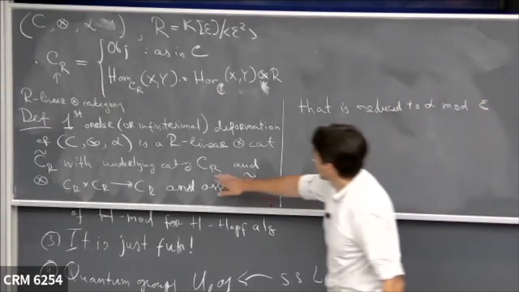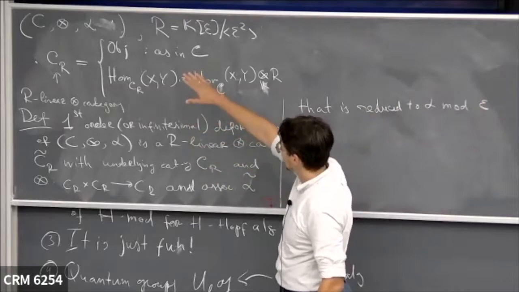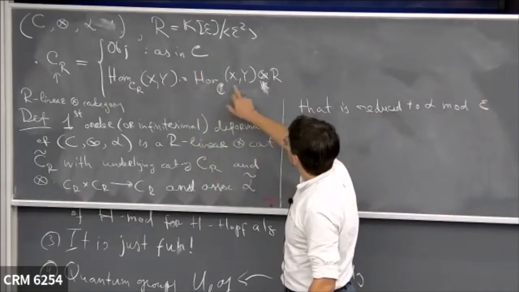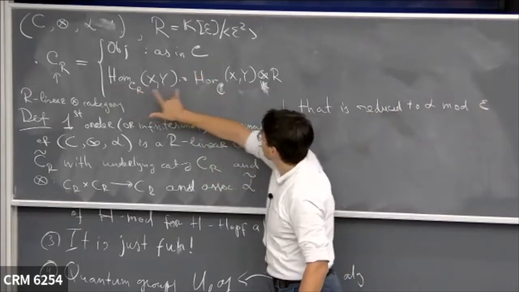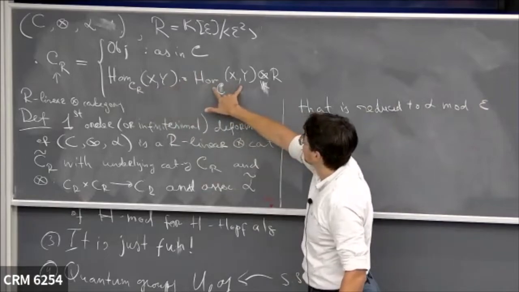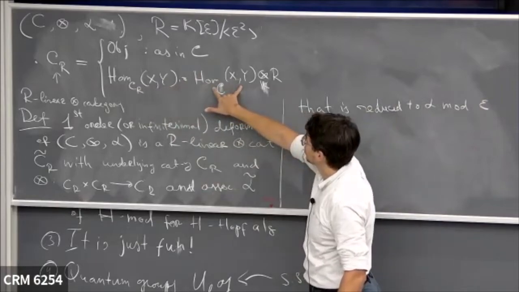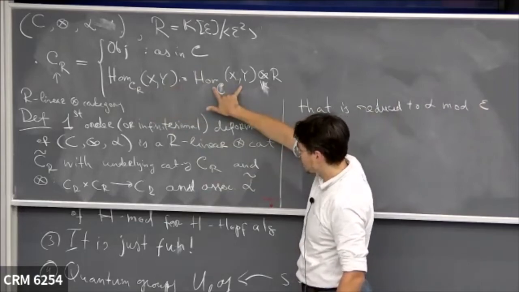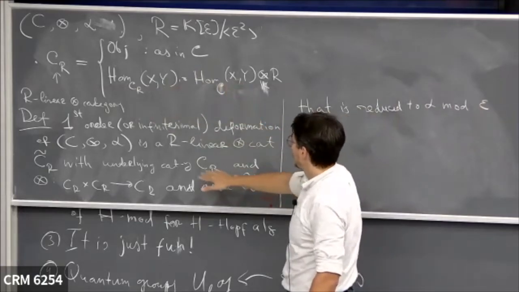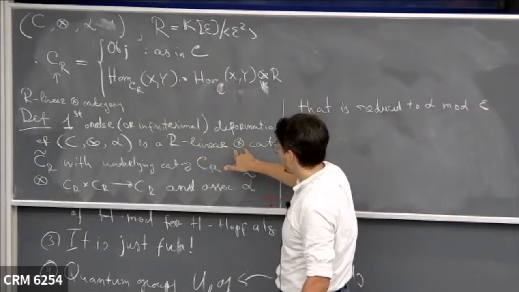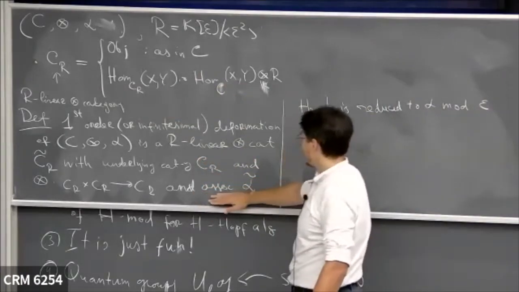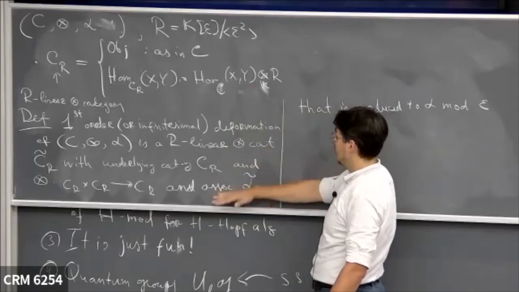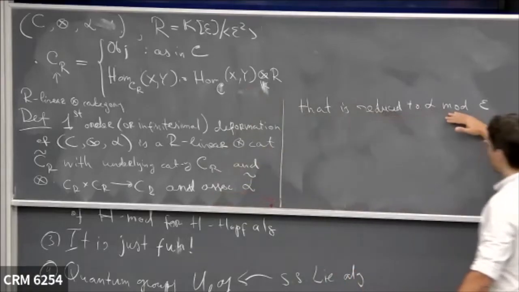Right now it's simple. C_R has tensor product essentially as C, and alpha lives in these external Hom spaces, in degree 0, where there is no epsilon. Now I call it a deformation: it's a new category with the same underlying tensor product, but the associator might contain epsilon, but it should reduce to the original alpha mod epsilon.